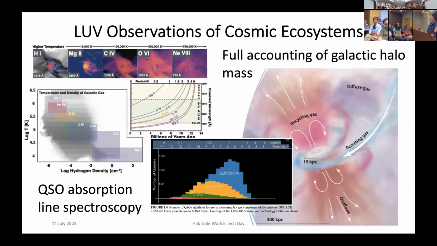The number of objects that you can get down here gets to be about 500 or so quasars in the sight line, and that's just in the bins at the top of the bins, at about a redshift of 0.5. So this will be really transformative in the way you can start to analyze the extragalactic medium and the CGM.